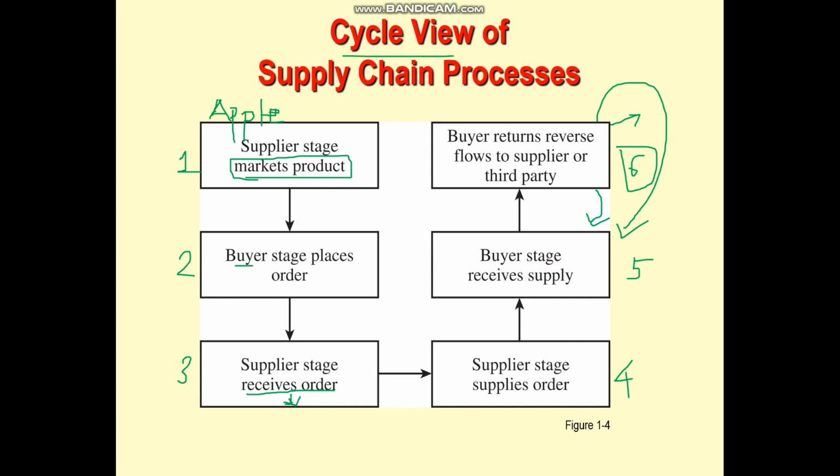So that is the cycle view of the supply chain process. We have 4 cycles, and in each cycle we have 6 stages.